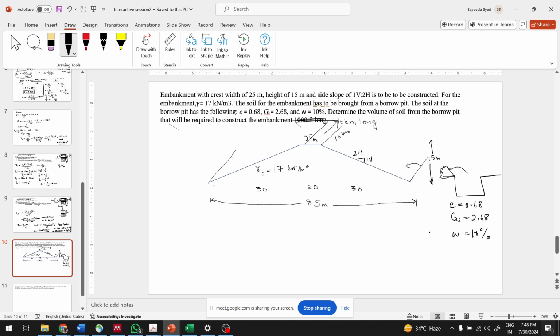So if you see here, we have been given gamma for the embankment because we control how dense we will make this soil when we are making this embankment.